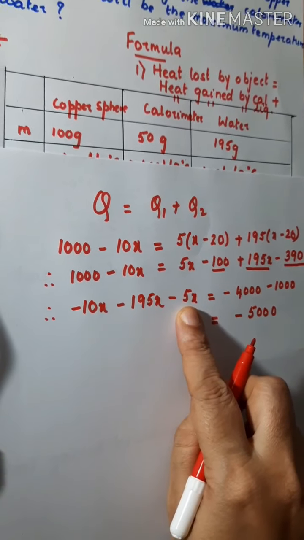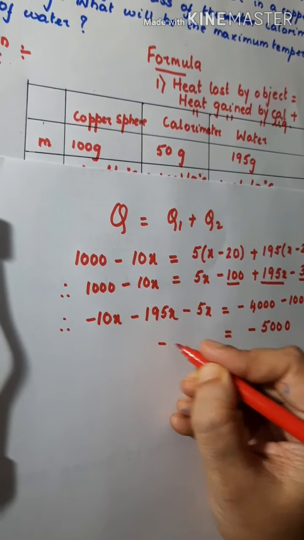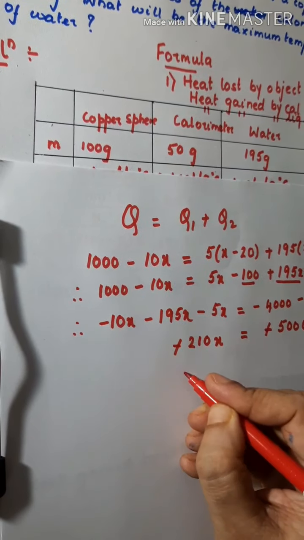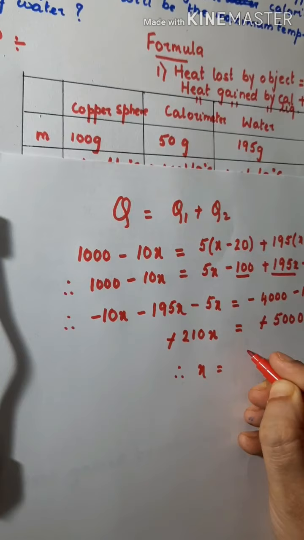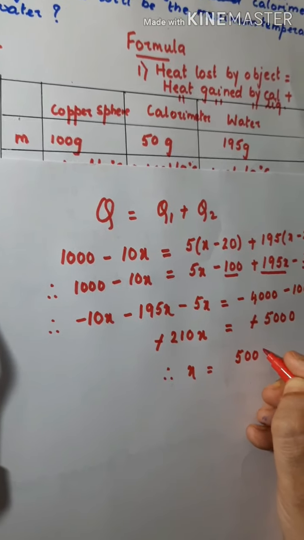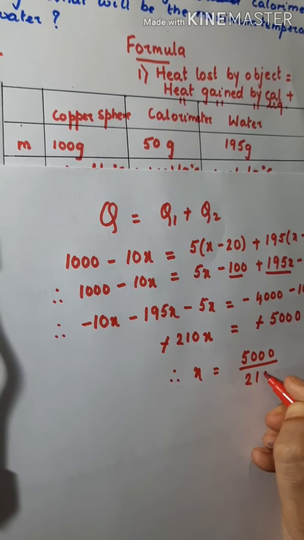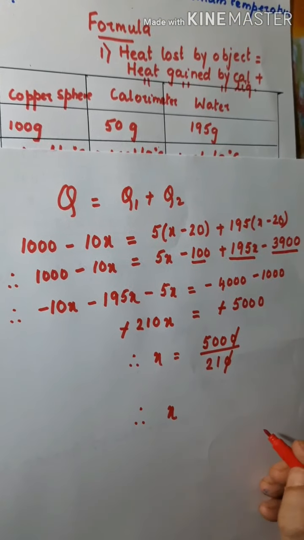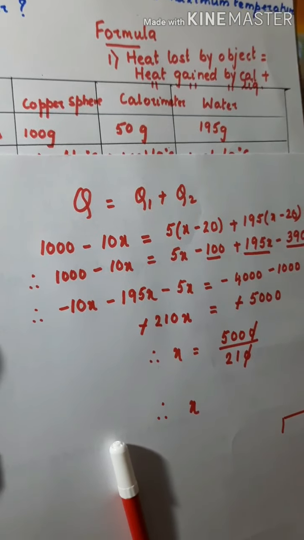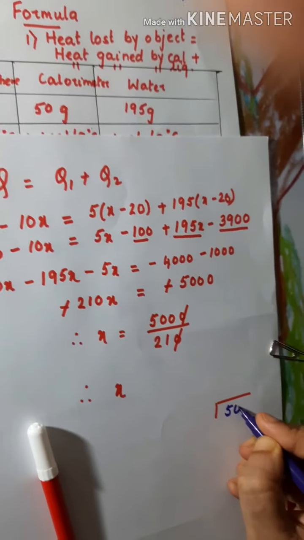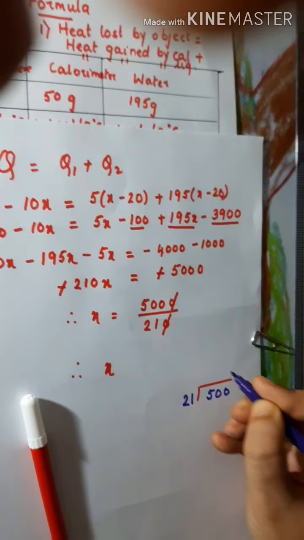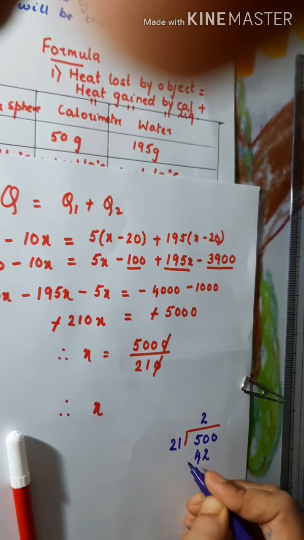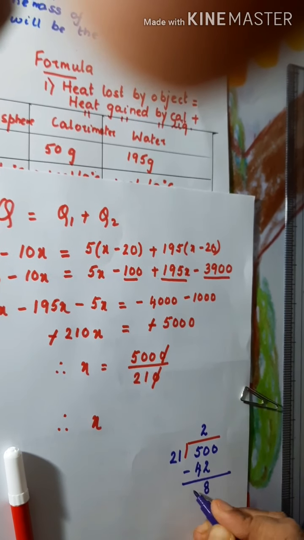195 plus 5 is 200, plus 10 is 210. Cancel this negative sign. Now you want to divide 500, let's do it in the rough column. 500 divided by 21. 21 2s are 42, 8 remainder.